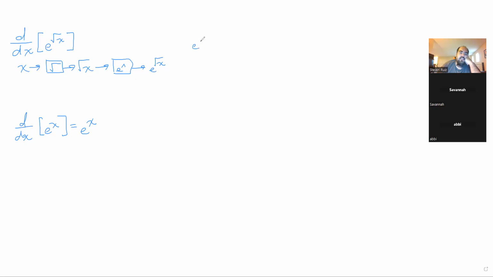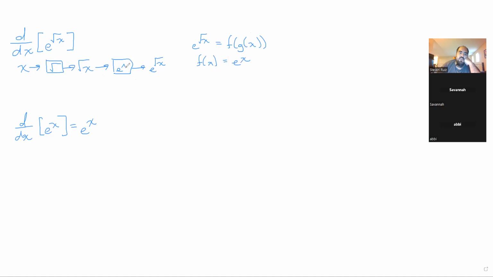So from there, I can say that e to the square root of x is equal to a composed function, f of g of x, where the outer function, or the function that happens last, is e to the x.